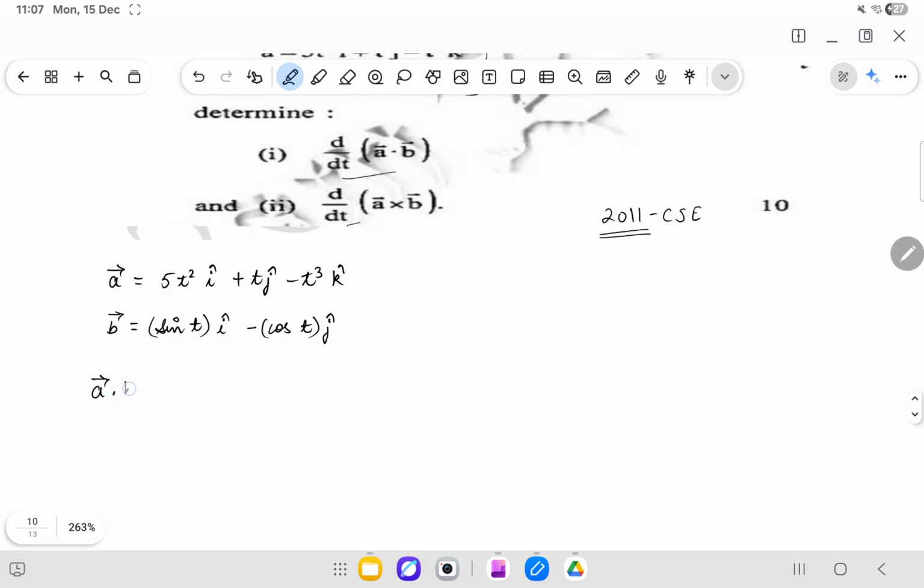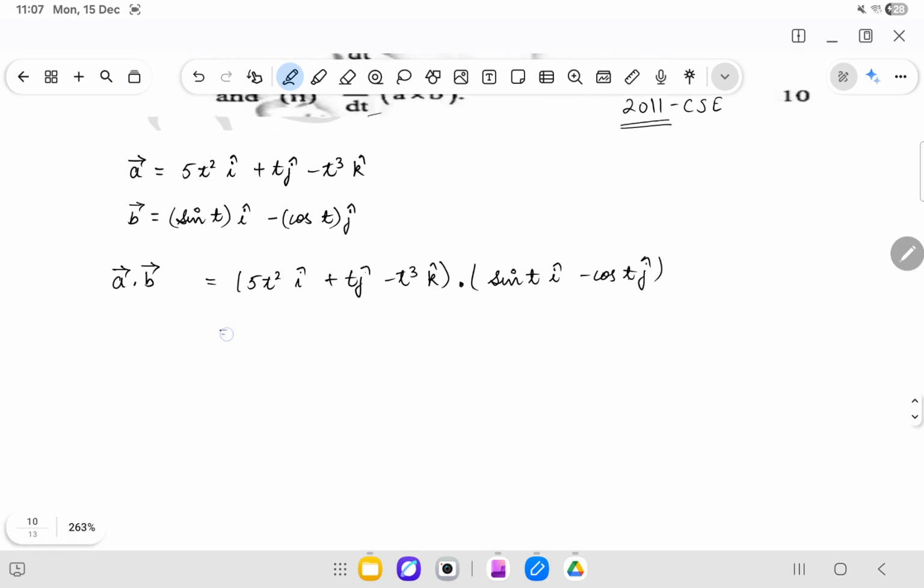So if I evaluate a dot b, it will be equal to 5t square i cap plus t j cap minus t cube k cap dot sin t i cap minus cos t j cap. So it will simplify to 5t square sin t minus t cos t.